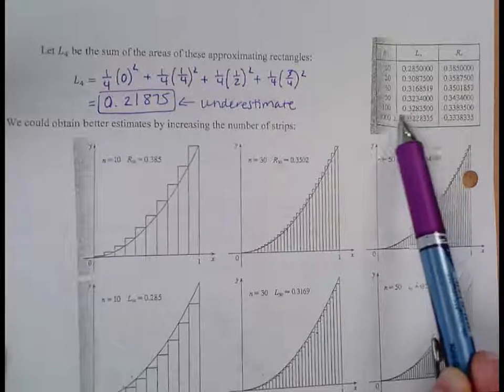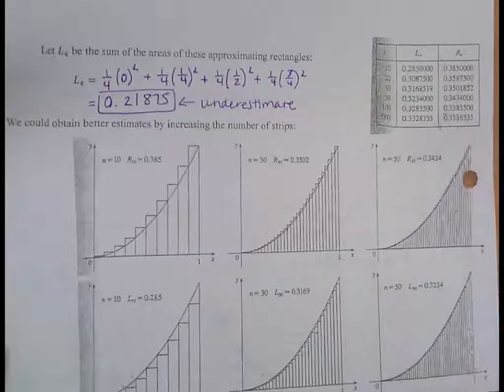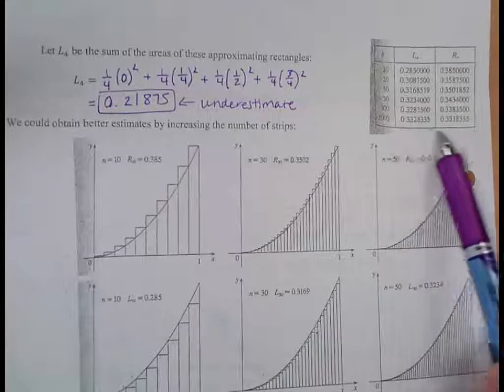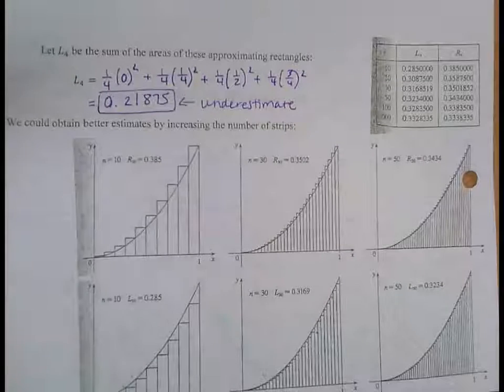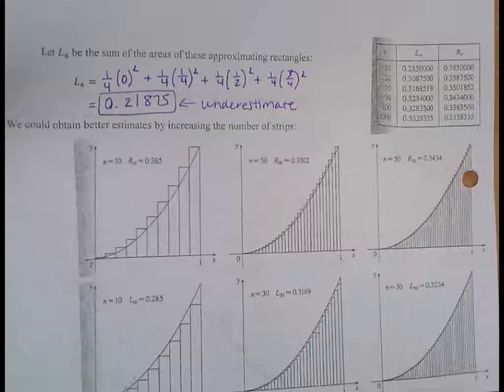So if you look at the approximations for left and right when you have 1,000 rectangles, what does it appear that the actual area might be? About 1/3, 0.3 repeating possibly, really close to 1/3. It actually is exactly 1/3. We will see later on how to get that.